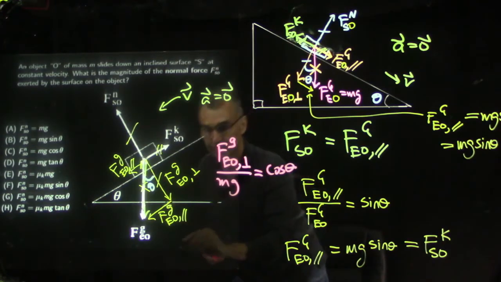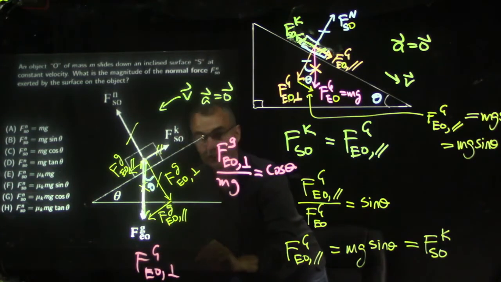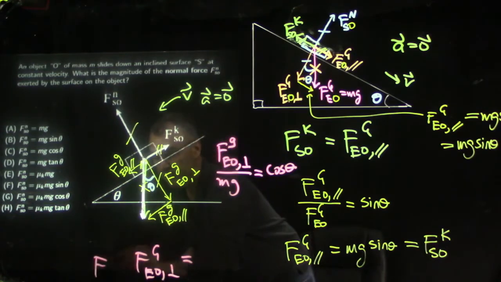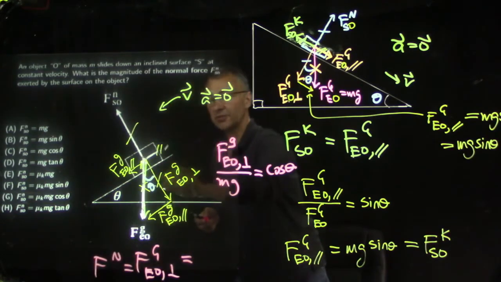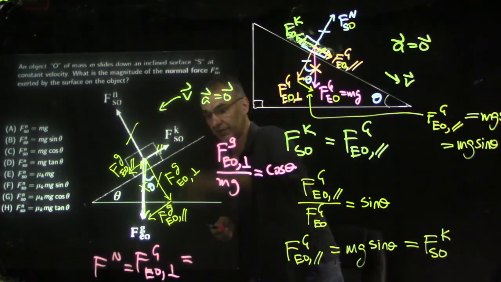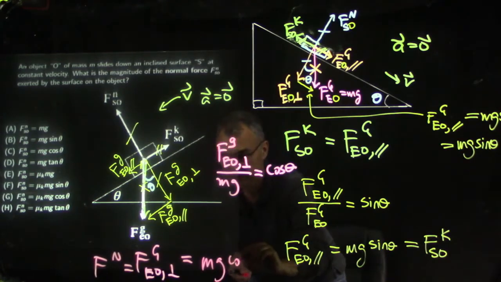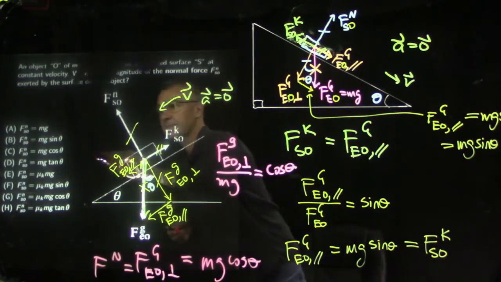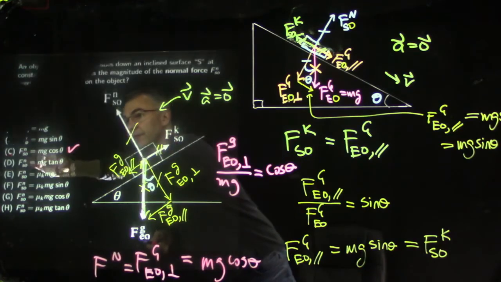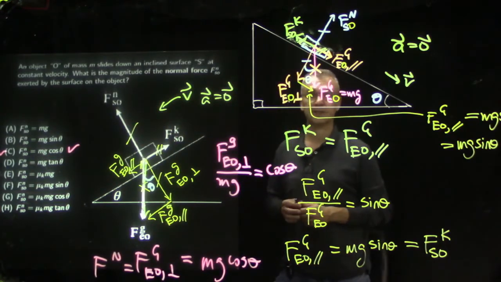So therefore, this gravitational force by Earth on the object, the perpendicular component, equals F normal. It's the same as F normal because they have to balance to keep the object from bouncing up and down in this direction. So this is mg cosine theta. So I think I like this answer, C, Charlie, mg cosine theta.